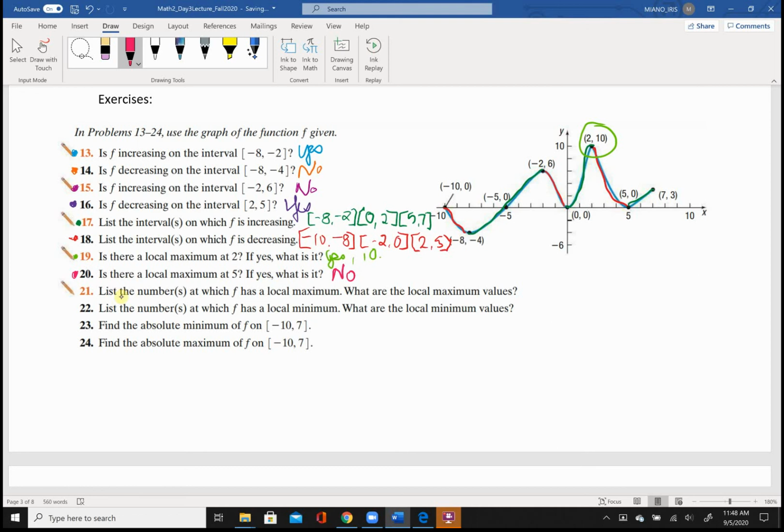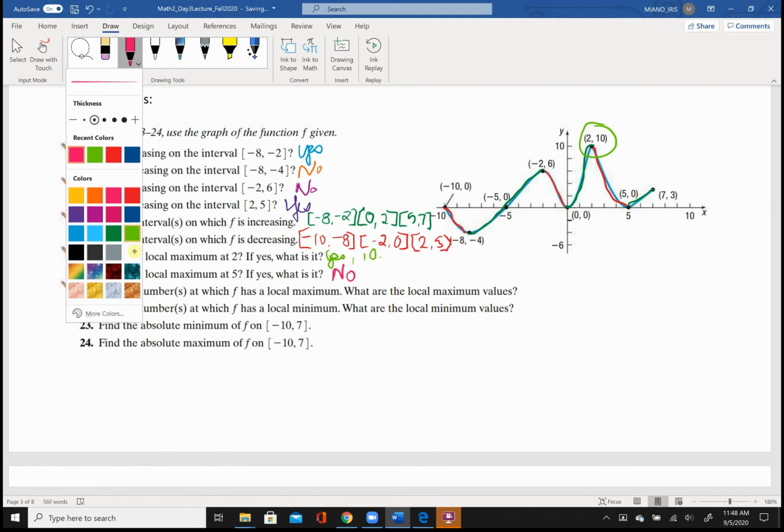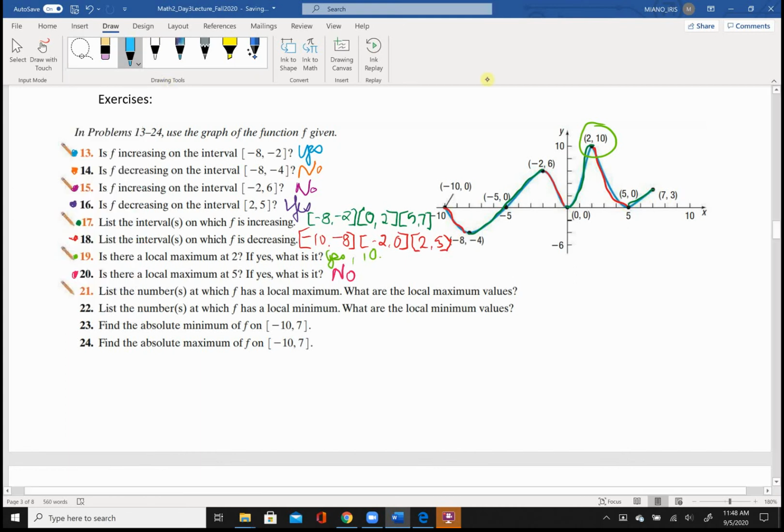Okay, now for number 21, it says list the numbers at which f has a local maximum, and what are the local maximum values. So we're going to look for all of the peaks, basically. All right, use the light blue. All of the peaks are occurring here and here. So they are happening at -2 is where the local max is happening, and the value is 6 there.